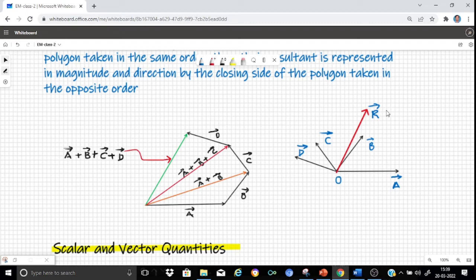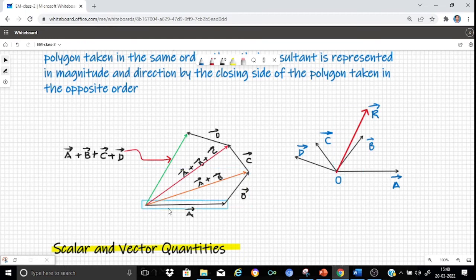So now the question is, how do we obtain the magnitude of the resultant as well as its direction using the polygon law? It is very simple. What we do is we construct a polygon, with each side of the polygon being represented by the various forces.